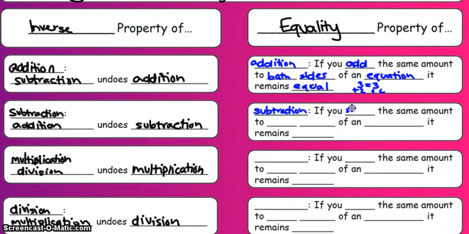If you subtract the same amount from both sides of an equation, it remains equal. Alright, multiplication.